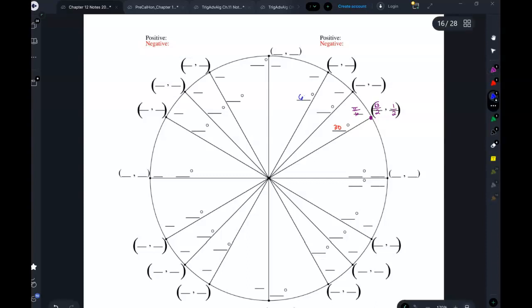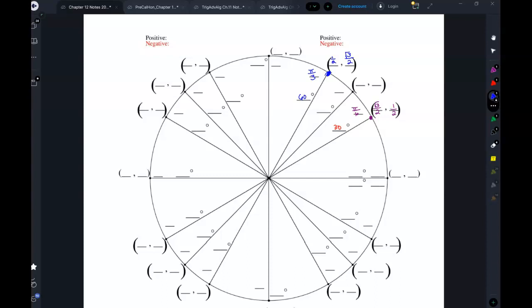Now let's do the 60 here, which is pi over 3. To get to that point, I have to go shorter horizontally, longer vertically.